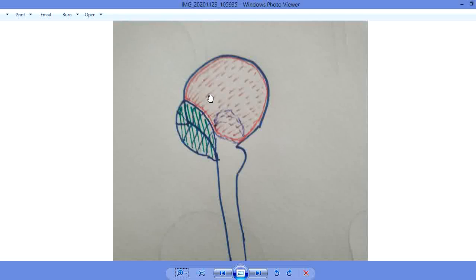This is the cerebrum, and this area is the diencephalon. This area represents the diencephalon, and this whole area represents the cerebrum.